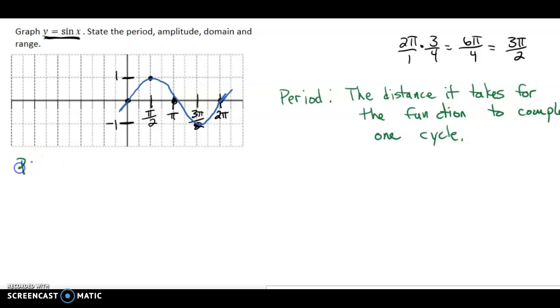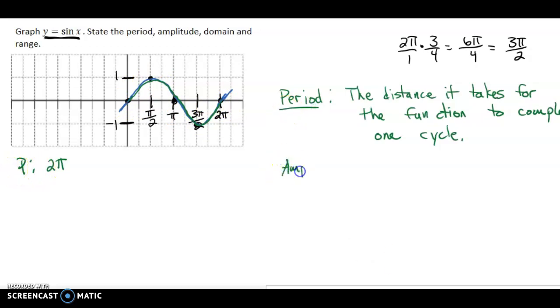We'll use p. The period for sine is 2 pi. Because it starts here at the origin, kind of the middle of the graph, and it goes up, back down, and then back up again, and that took a distance of 2 pi. And that's very important. You need to have that memorized.